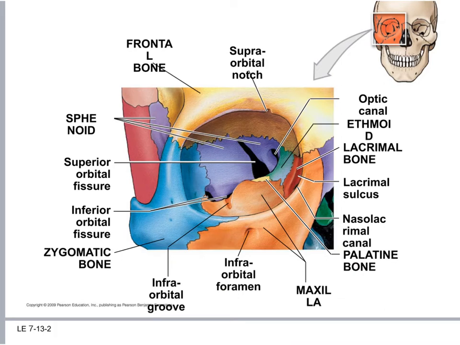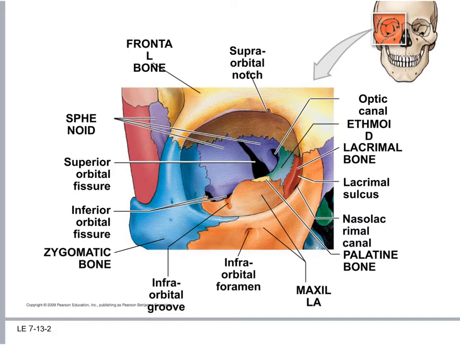Okay, so now when we look at the eye orbit, like the eye socket, the bony orbit is where your eyeball sits. There's a lot of different bones that make up that eye orbit, so you need to know them. We can talk about the ceiling and the floor and the sides, the lateral side, the medial side, the back.